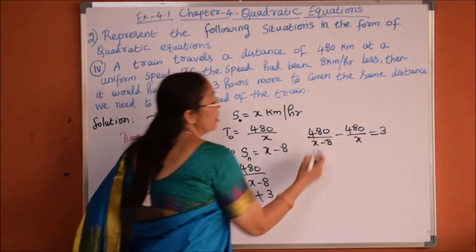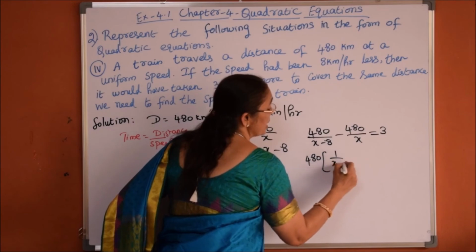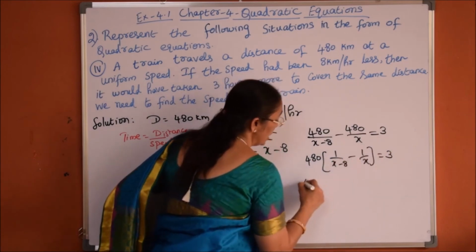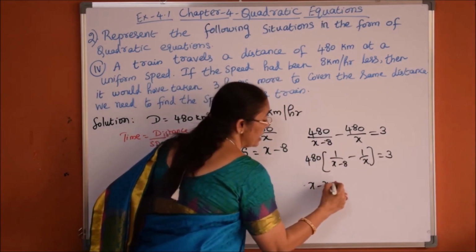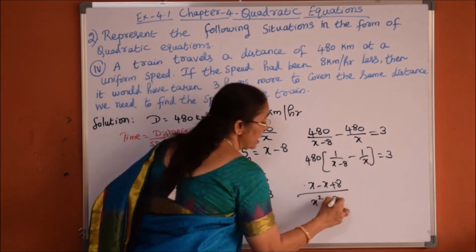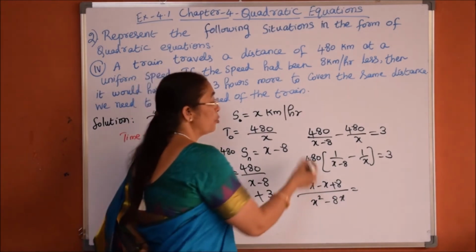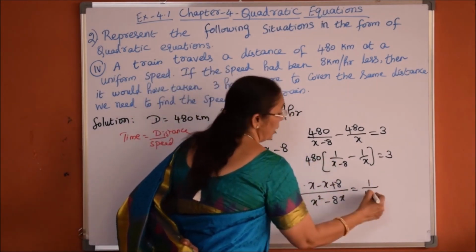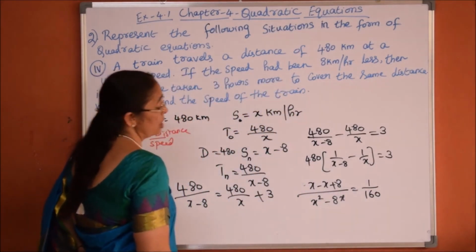If you take 480 common, we get 1 by x minus 8 minus 1 by x is equal to 3 by 480. Taking the LCM, x minus x plus 8 divided by x square minus 8x is equal to 3 divided by 480, which is nothing but 1 divided by 160. Now we do the cross multiplication.